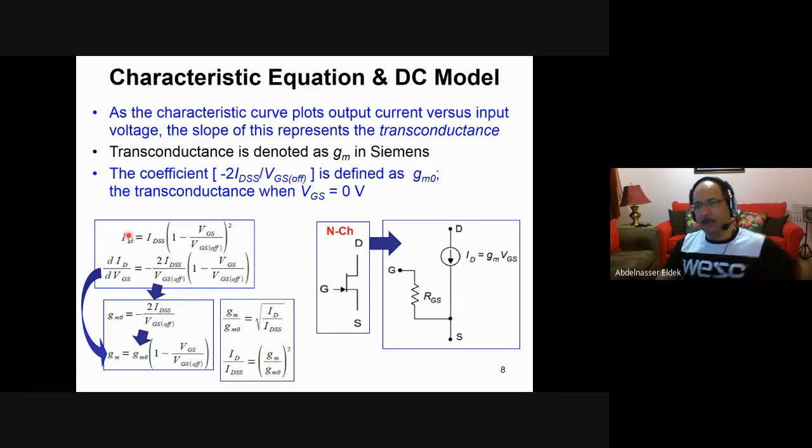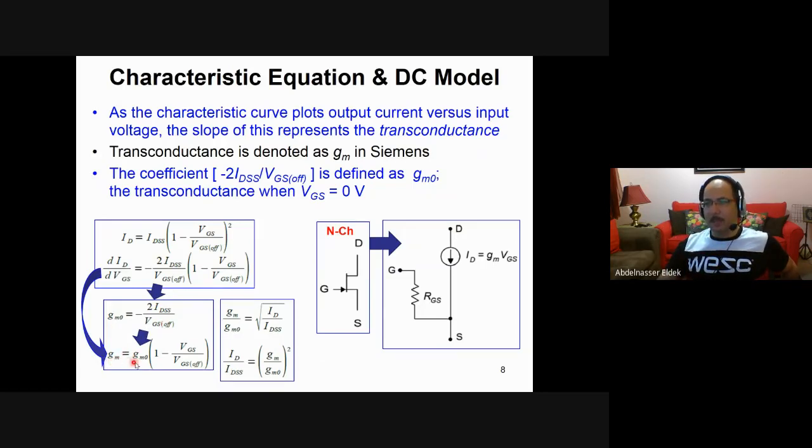The idea here of GM is that when we model the JFET, we model it using this figure, or this circuit that has this GM. So what is GM? GM0 is negative 2 IDSS, which is the saturation current, divided by VGS off, which is the voltage between the gate and the source that will make the drain current equal 0.